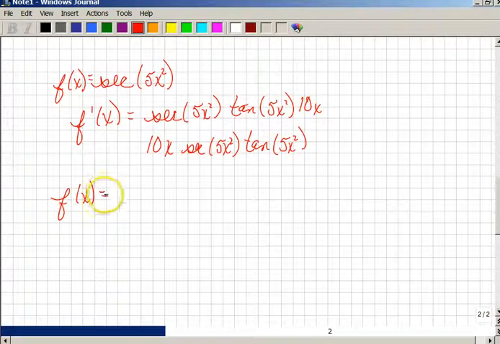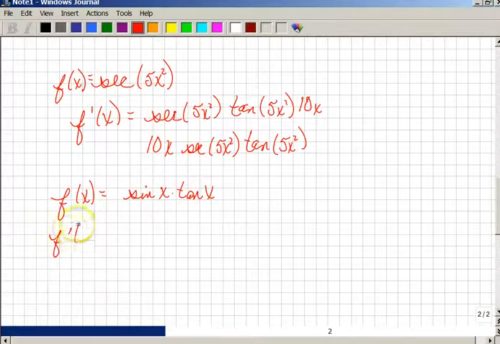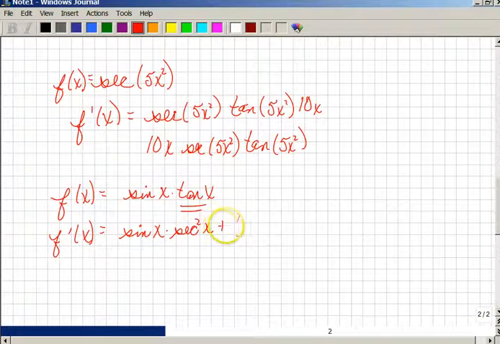All right, let's take a look at something a little bit different. Let's do a product. What if we had f of x equals sine of x times tangent of x, and we want its derivative? Using the product rule, the first function is sine of x times the derivative of the second, which is secant squared x, plus the second function, tangent of x, multiplied by the derivative of the first, which is cosine x.